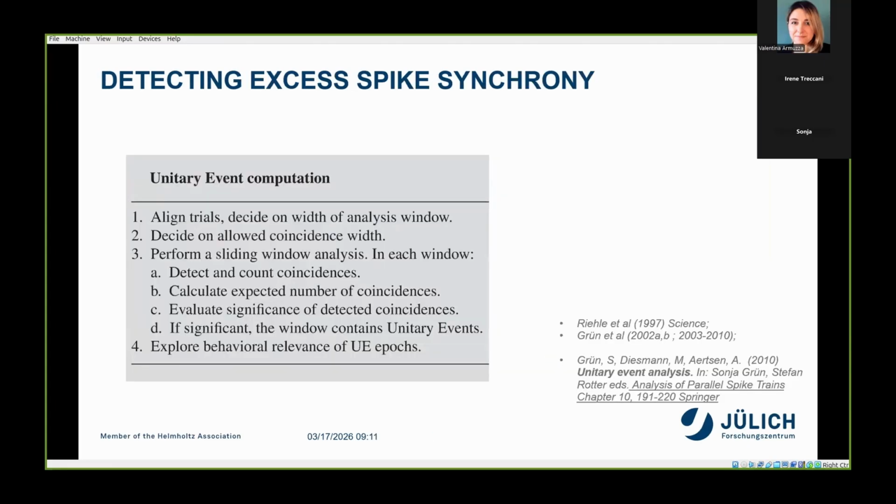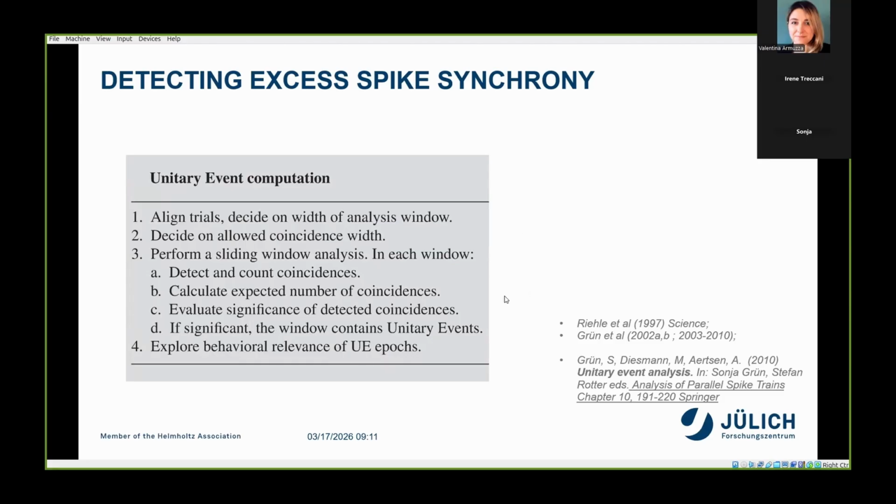So during my PhD thesis, I invented a method which should help to detect what we call excess spike synchrony, which is beyond what we would expect by chance. The neurons fire anyway all the time, right? And then you have some probabilities that they fire at the very same time. This you can compute.